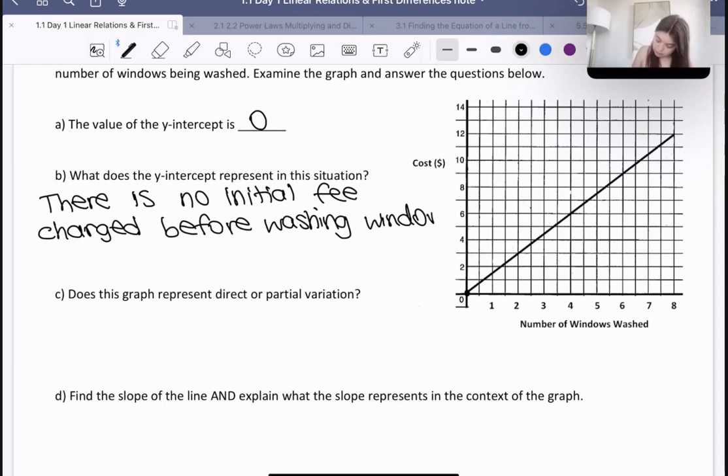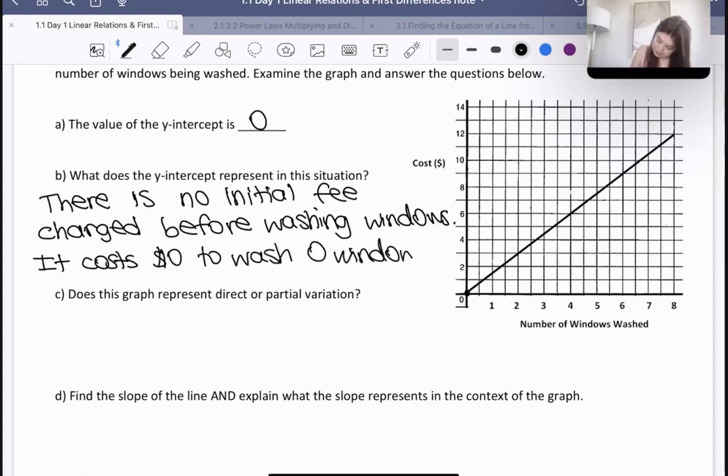Or another way we could put it is we could say that it costs $0 to wash 0 windows.